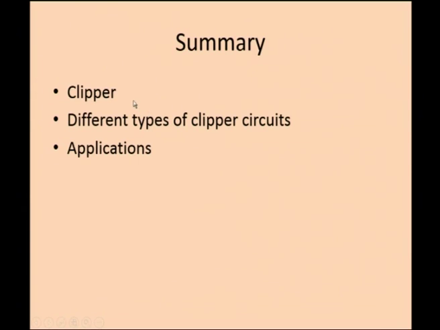Summary: we have seen the clipper, and what is a clipper? This is a diode circuit which clips off the unwanted portion without disturbing the remaining part of the input signal, and there are different types of clippers according to the orientation of the diode as well as the reference voltages: positive clippers and negative clippers, series and parallel clippers.